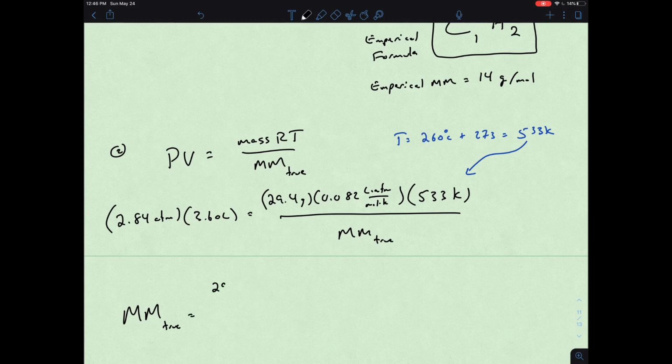So if we rearrange it, we would see the same thing in the numerator after we take the reciprocal to get molar mass in terms of solving for it.